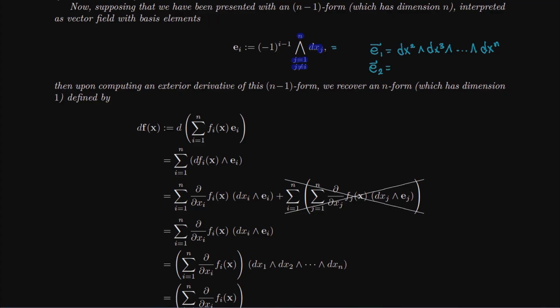So then I do have to pay the price of this -1 out front. So I'll have negative dx1 wedge dx3, right? So e2 avoids the superscript 3. Then you have wedge dx4 dot dot dot wedge dxn and so on, dot dot dot, en. You call this one (-1) to the n minus 1, and then you have dx1 wedge dx2 wedge dot dot dot wedge.